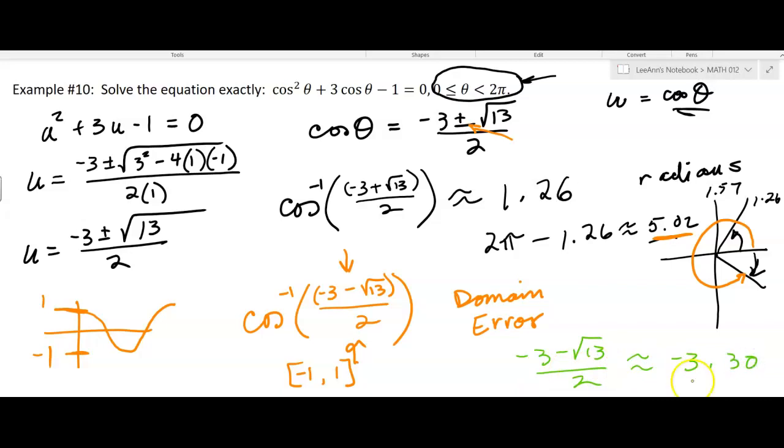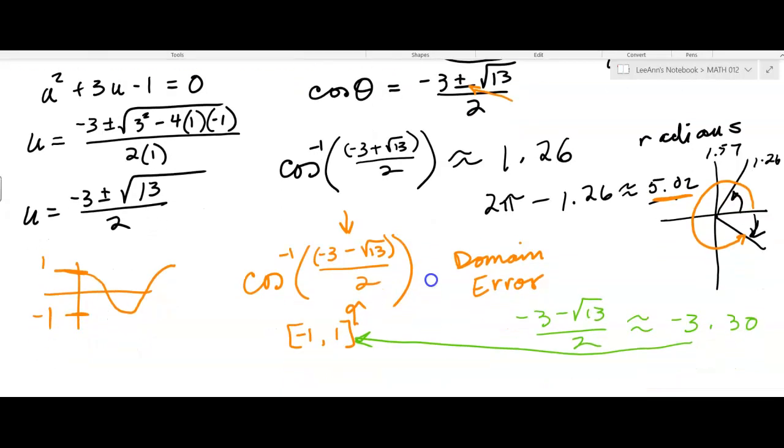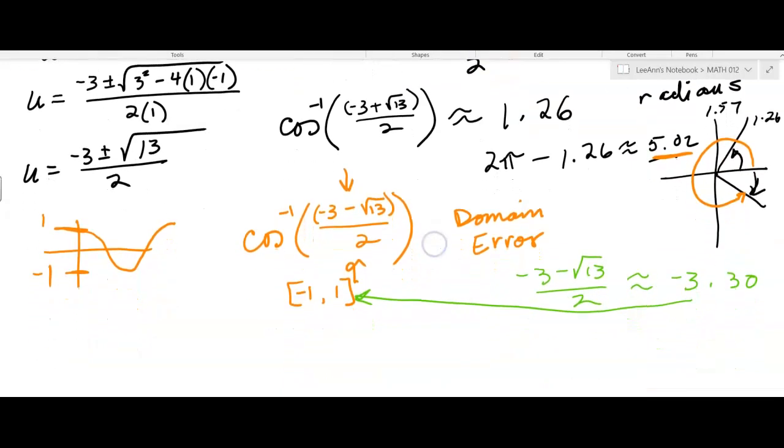That does not fit in the domain. It's too small. So that's why you're getting the message domain error, because you're asking the calculator to take the inverse cosine of something that is not in the domain. Okay? So now you know a little bit more about your calculator. Okay, so this case isn't going to work.